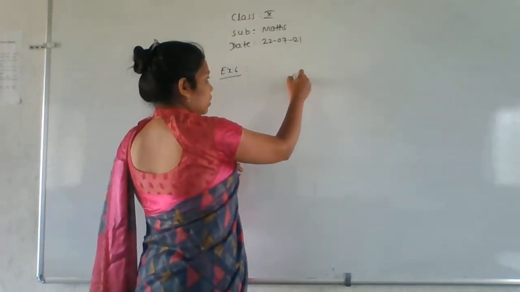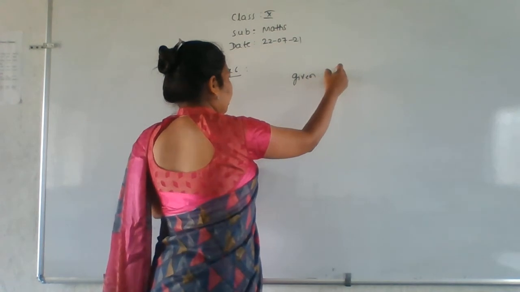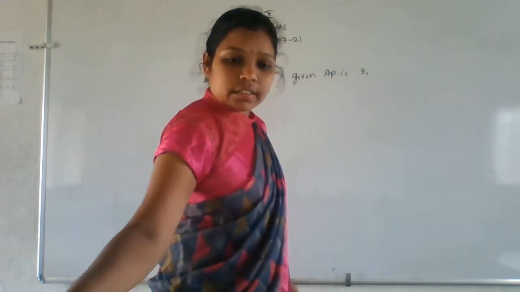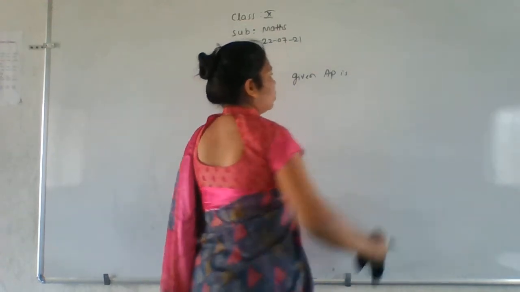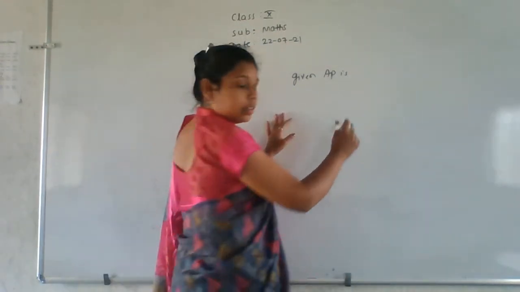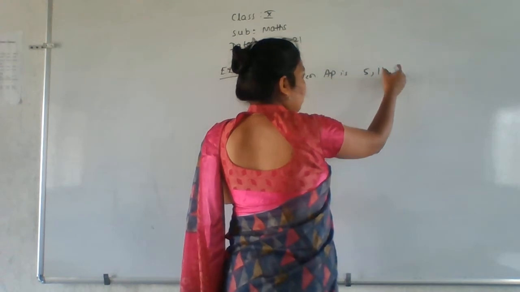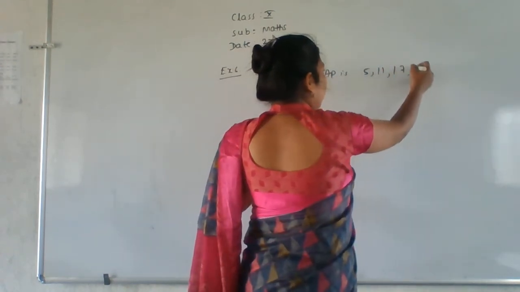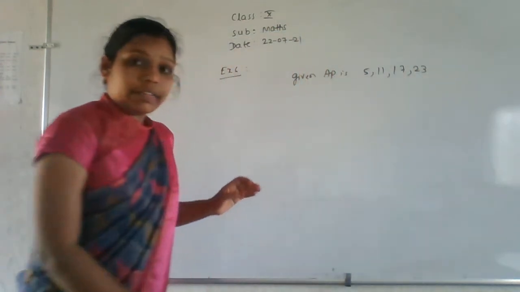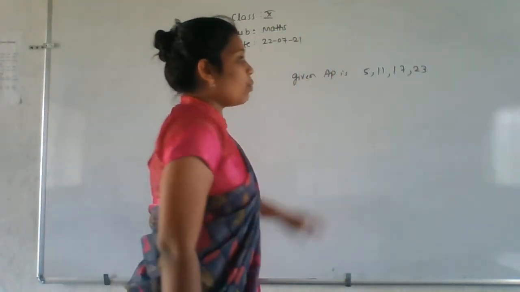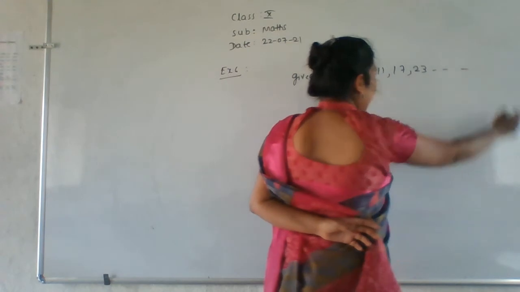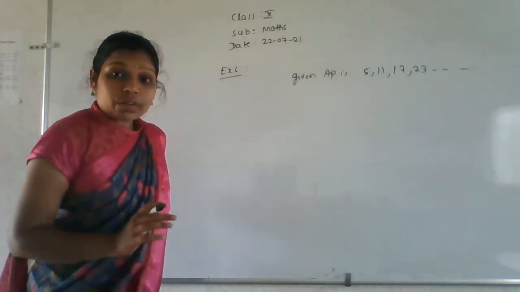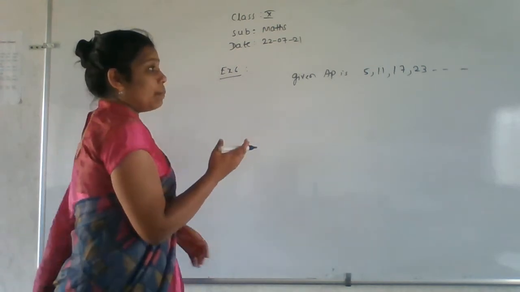The given AP is 5, 11, 17, 23, and so on, and we have to check whether 301 is a term of this AP or not.